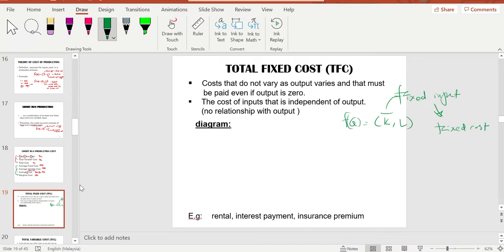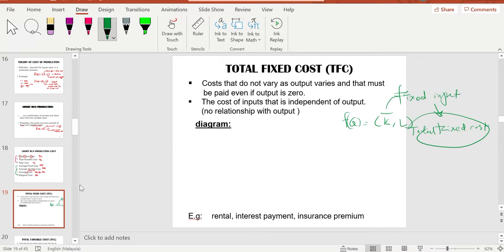So fixed cost ni lah, ini adalah total fixed cost, nilai fixed cost yang tetap. Maksudnya kesemuanya, keseluruhan, dan nilai ni memang konsisten dan sama. So apa maksud dia? Cost that does not vary as output varies, and that must be paid even the output is equals to 0. Like I told you, total fixed cost akan hilang dan tidak wujud cuma bila kita bankrupt and goes out of the business.